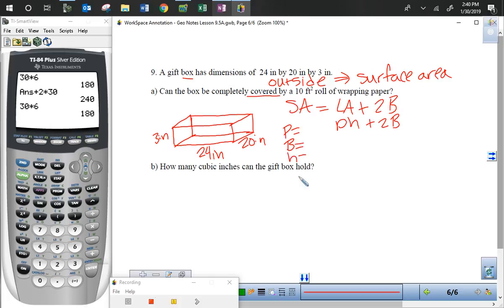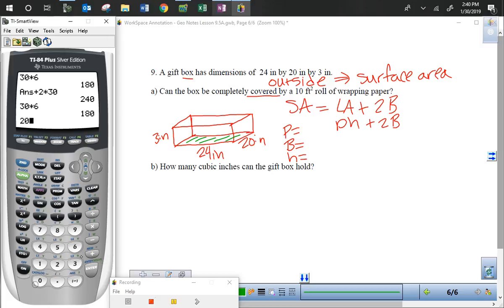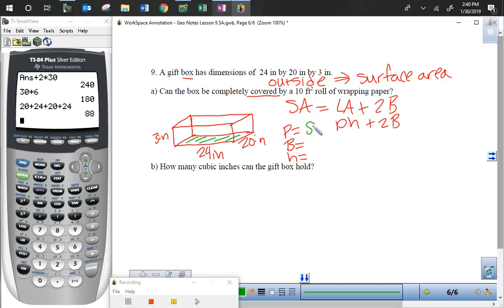Now we've got to go fill in some stuff. Our base here, the bottom, we need the perimeter of that. So we're taking our 20 plus 24 plus 20 plus 24, all of our four sides on the bottom there, to give 88.